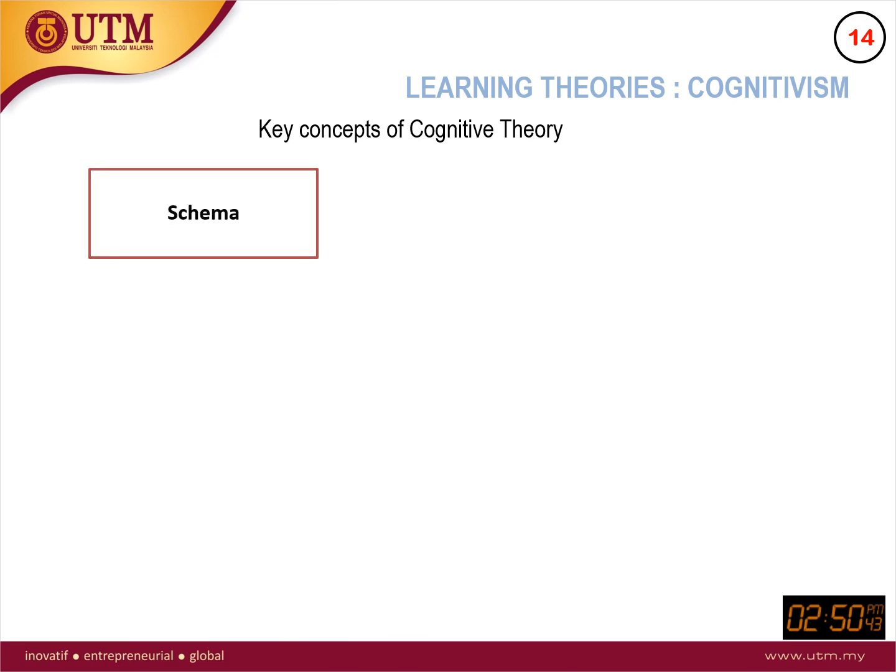For us to understand the cognitive theory, there are some key concepts that we need to understand. The first one is called schema or schemata. What does schema or schemata mean? It's a mental framework that organizes information about anything in life inside our brains.